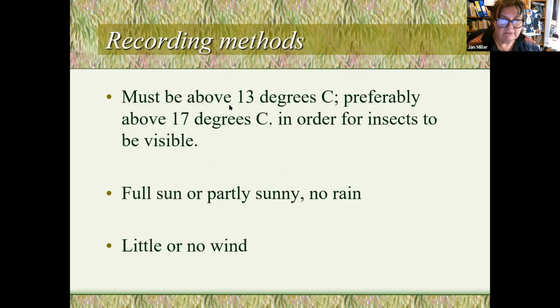There we are, I've got this on the next page. Above 13 degrees is the absolute minimum, but preferably above 17 degrees centigrade. And if you've been watching the forecast in the last few days, although we've had some very hot days, it's actually often not got above 15 degrees. So, you know, it's quite interesting.